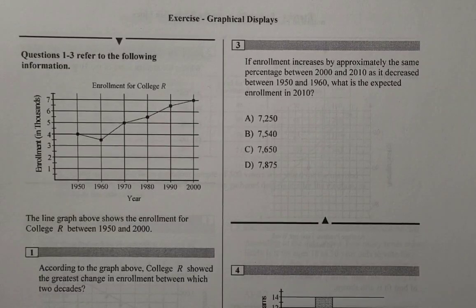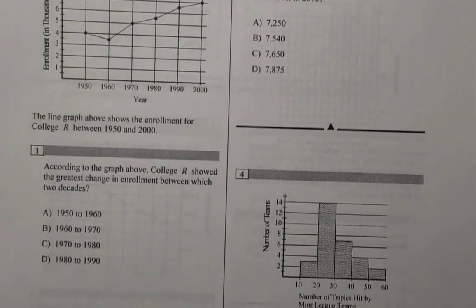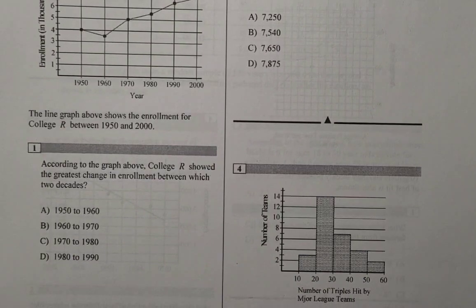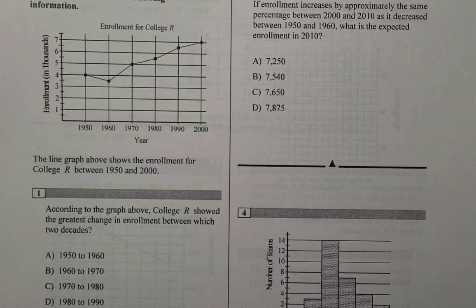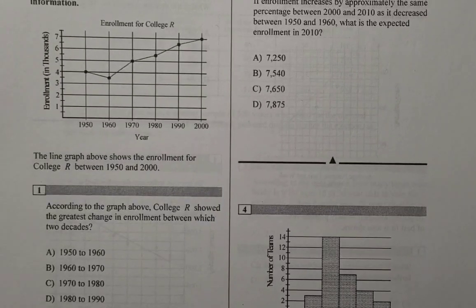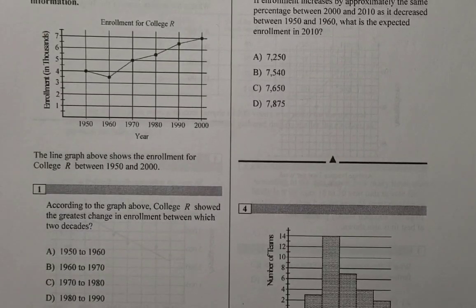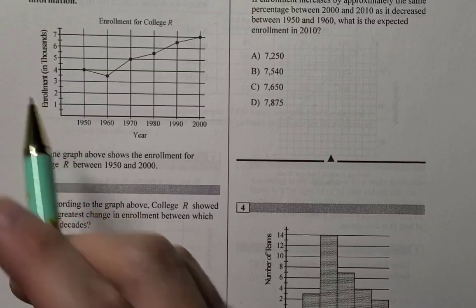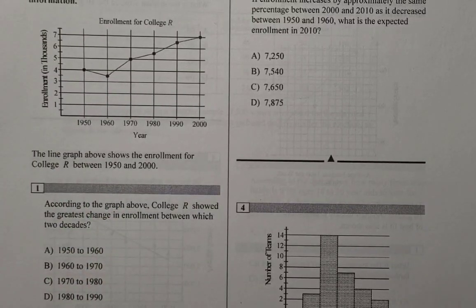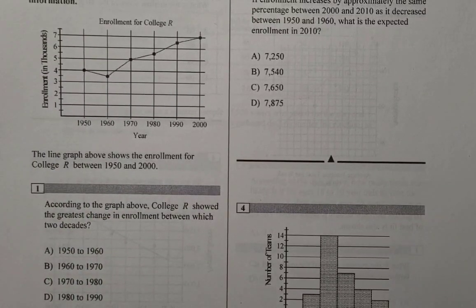Number 1 says, according to the graph above, College R showed the greatest change in enrollment between which decades? So go ahead and try to pick the right answer first. You want to pick the value with the greatest change in the y-axis because the enrollment is in the y-axis. Or you could pick the one with the steepest slope.